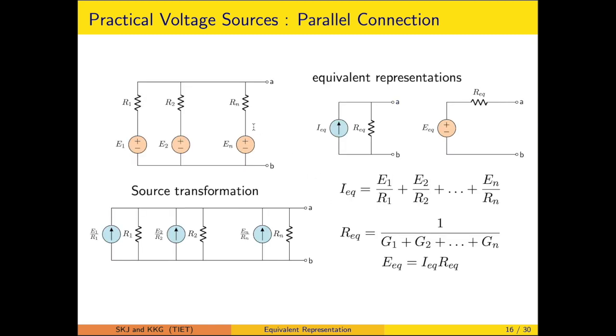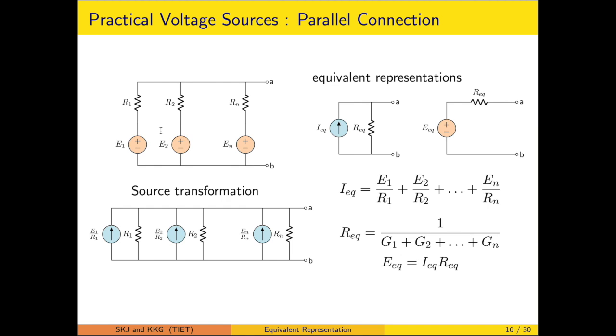Now these are practical voltage sources connected in parallel. Previously we discussed that the terminal voltage has to be identical. However, when they are of practical nature, each source has a resistance. That internal resistance participates in series, so if there is any imbalance, there will be a circulating current, which can be taken care of.